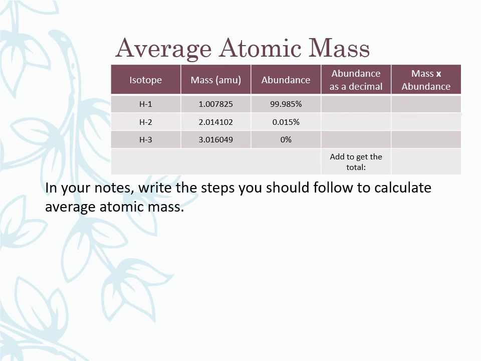So I'm going to have us do a little bit of a summary before we call this lecture done. In your notes, I want you to write the steps that you should follow to calculate average atomic mass. Step 1, turn that percent into a decimal. Remember that we do that by dividing by 100, or you can move your decimal place 2 to the left.